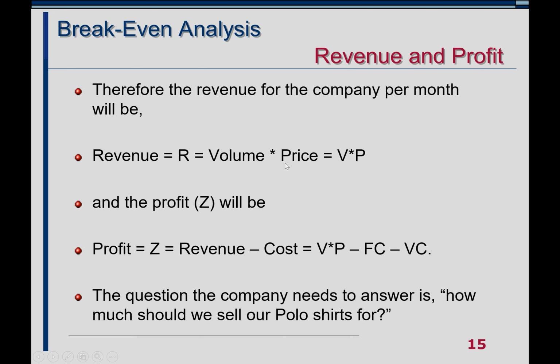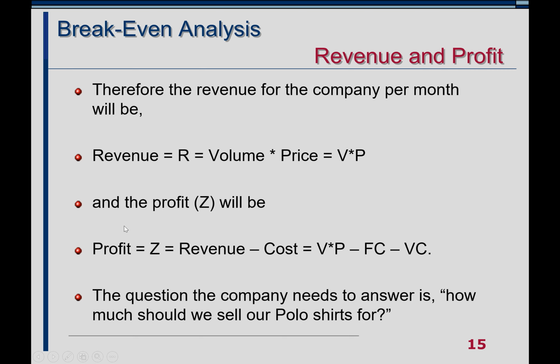So it is how many you sell times how much you sell them for. So if you sell 100 items and you sell them for $10 a piece, your revenue is $1,000, 10 times 100. And the profit we're going to denote as Z, because in this course we usually denote our objective function as Z.